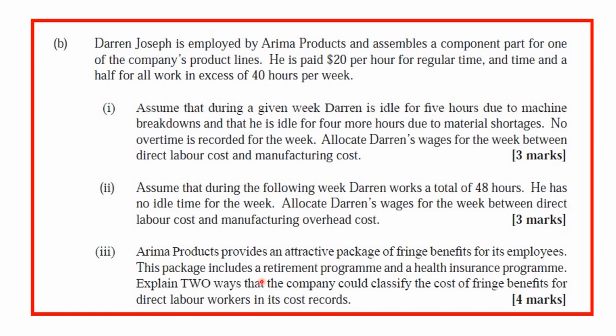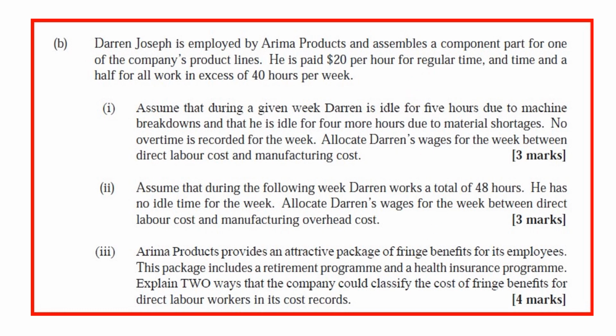This package includes a retirement program and a health insurance program. Explain two ways that the company could classify the costs of fringe benefits for direct labor workers in its cost record. So we're looking at the fringe benefits for direct labor workers.